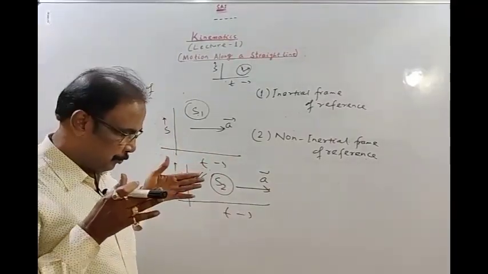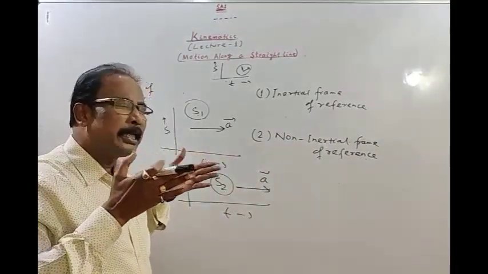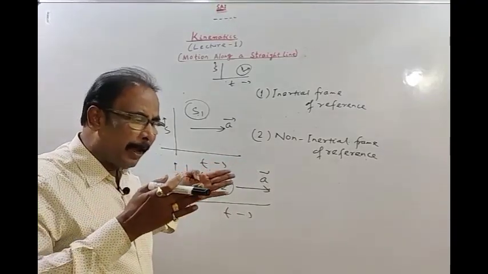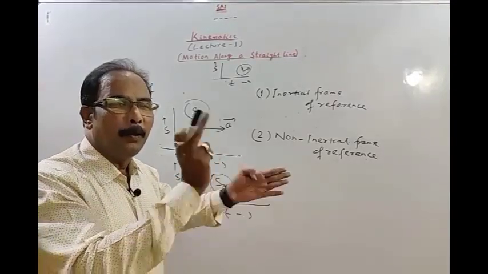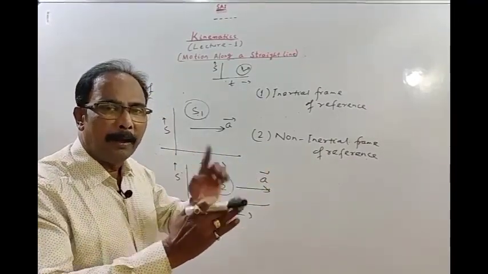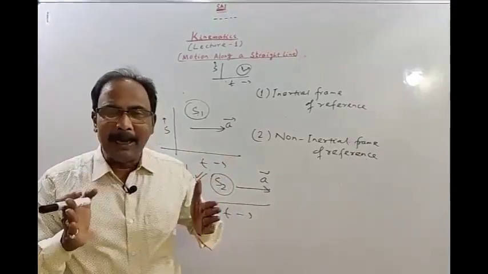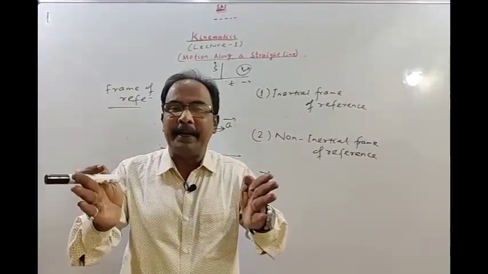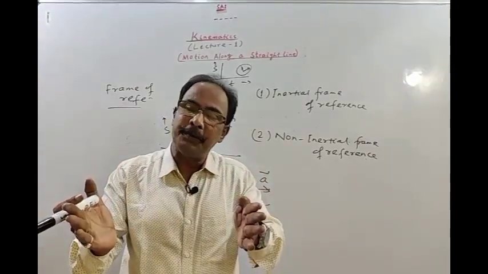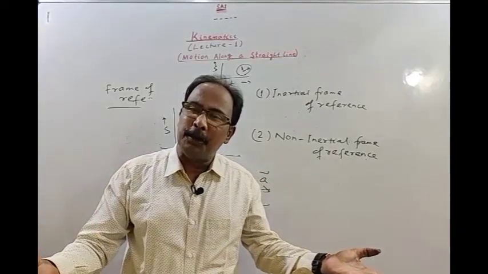If two bodies move in the same direction with the same speed, meaning with the same velocity, then one body will appear to be at rest as observed by the other. If you two friends run along the same direction with the same speed, then one of you will appear to be at rest to the other, meaning the relative velocity between them is zero.